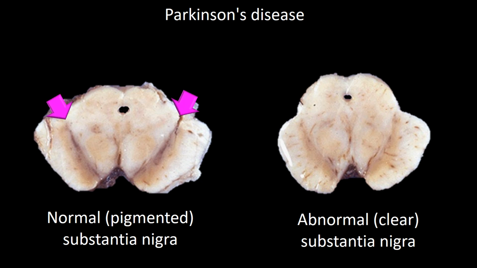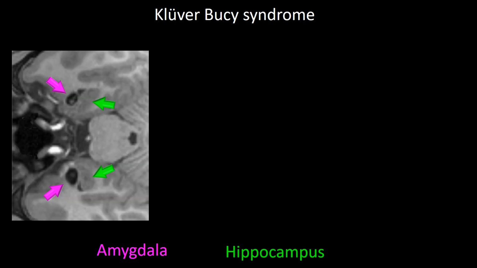In the normal specimen, you can see the dark pigmentation of the substantia nigra. In the specimen from a Parkinson patient, you can see the lack of pigmentation of the substantia nigra. In Kluver-Bucy syndrome, you can see the hole at the location of the amygdala and the preservation of the hippocampus.